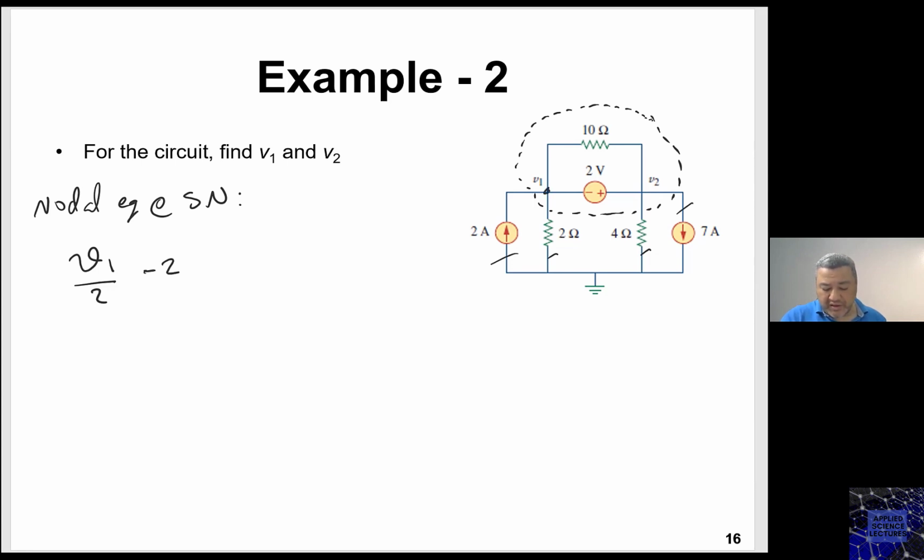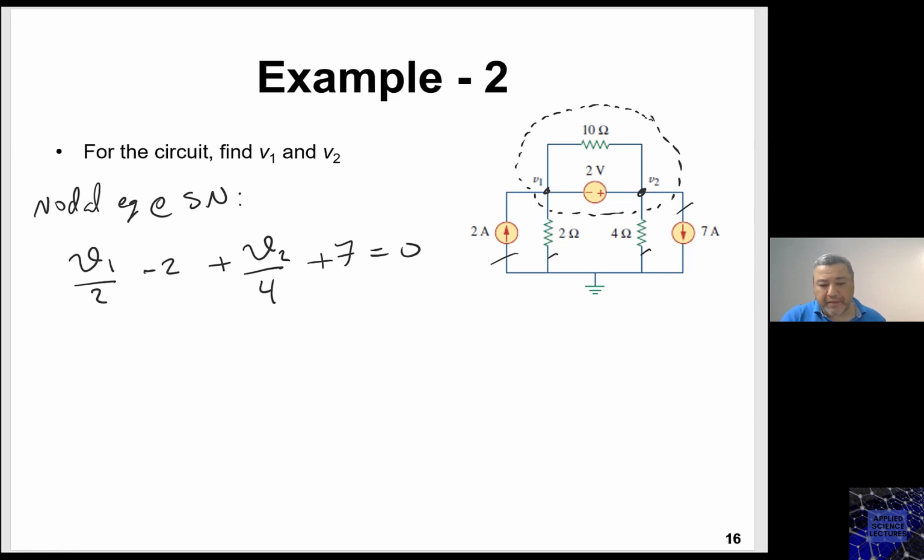Then I jump to the second variable and I have two branches. So within the same equation, plus V2 over 4. I have the 7 leaving, then plus 7 equals 0. So this is the supernode equation. What is the second supporting equation that helps me in solving for this circuit?